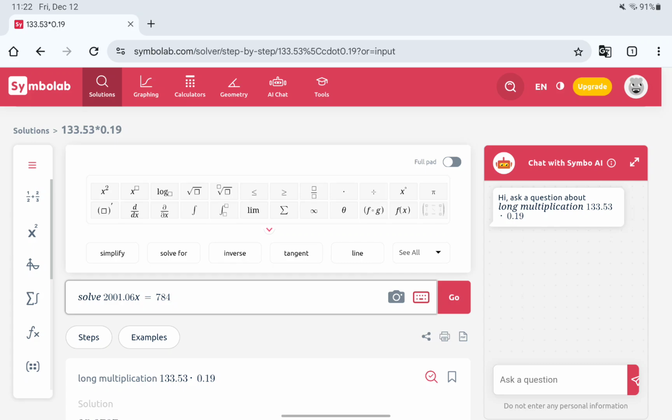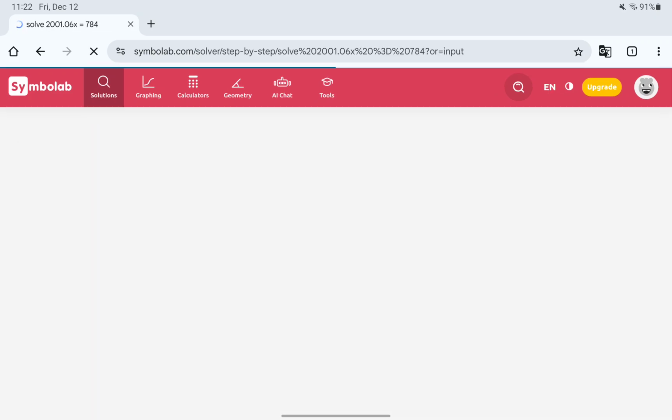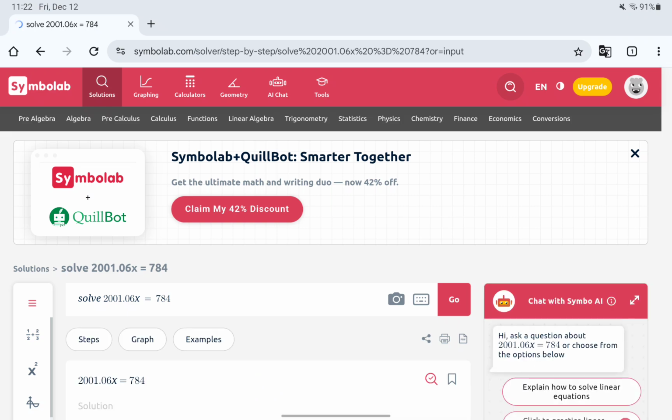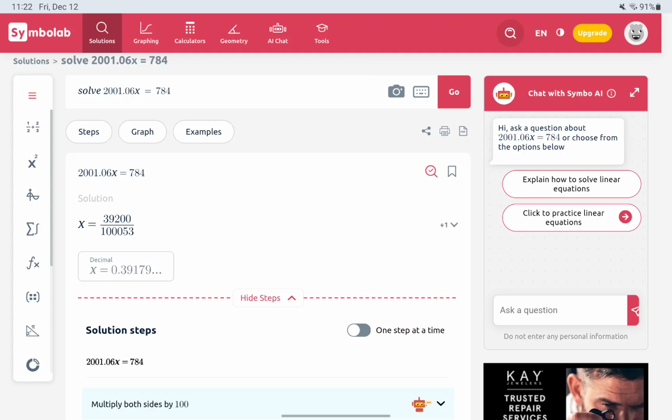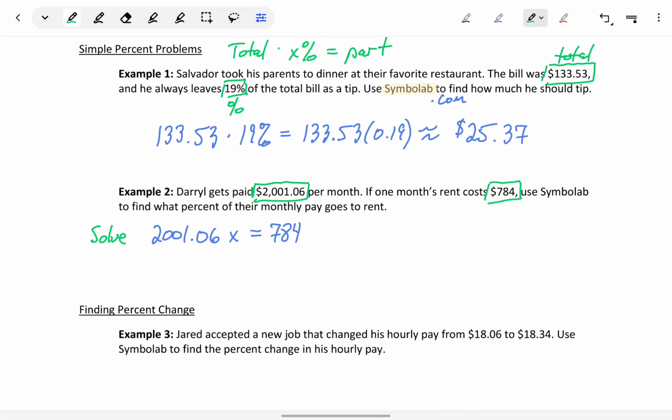So we set up that statement with solve and then the equation we want to solve, and then Symbolab will give us that solution, in this case in both fraction form and decimal form. We want to answer as a percent, so we want that decimal answer of 0.39179. That's an unrounded answer.